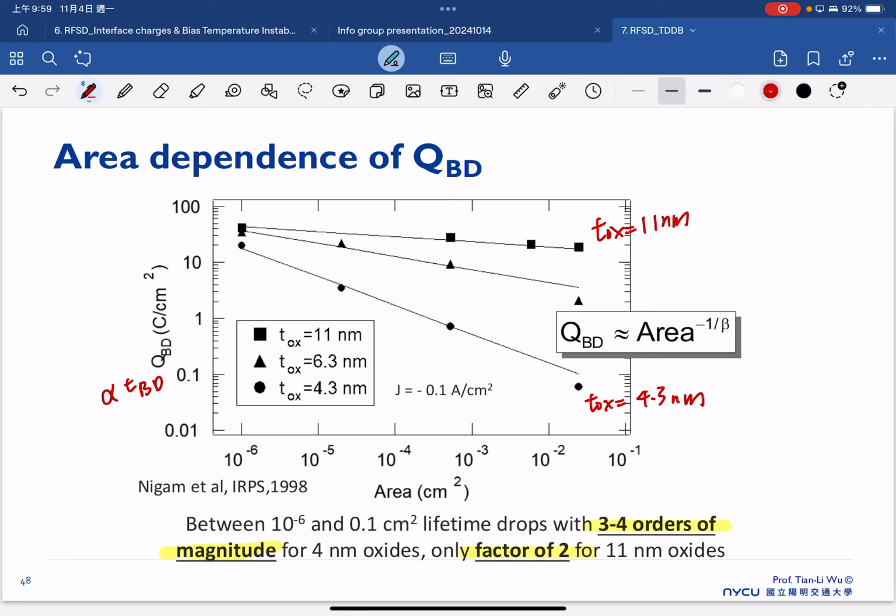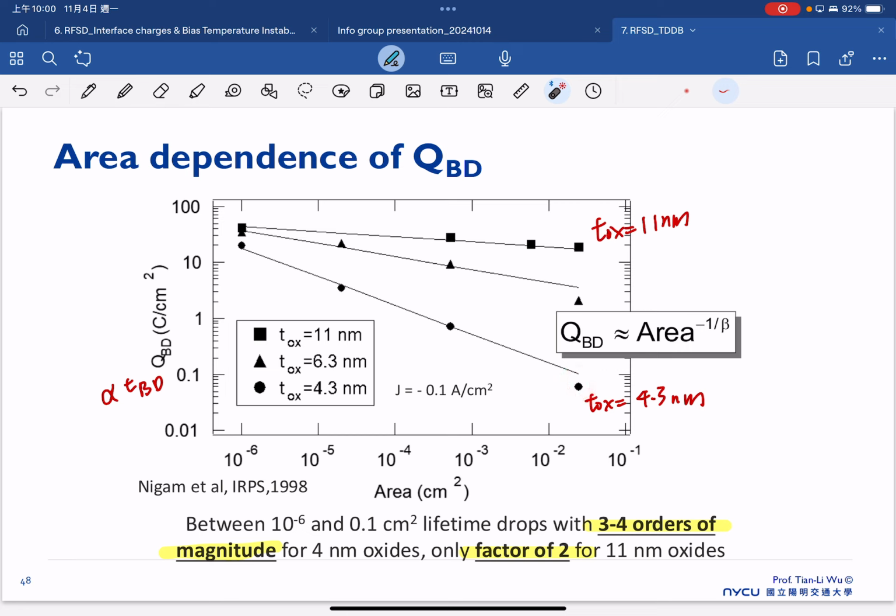So that means this drop is huge. This is a case of the smaller area on the thinner dielectric, and this is a big area on the thinner dielectric.